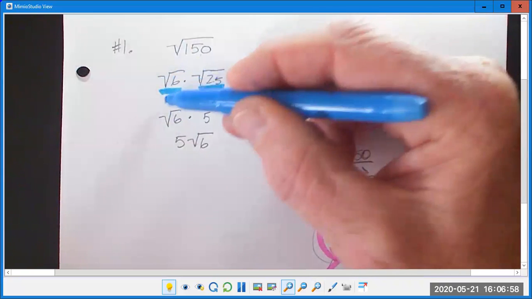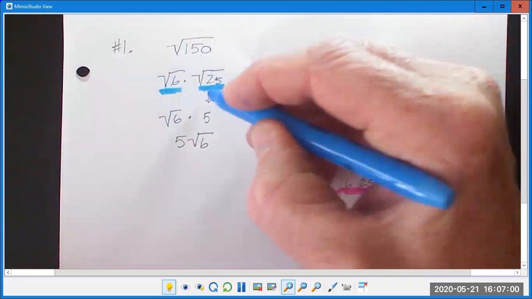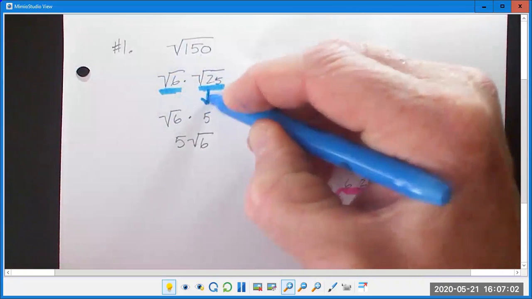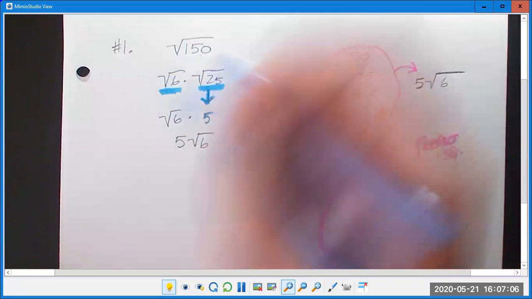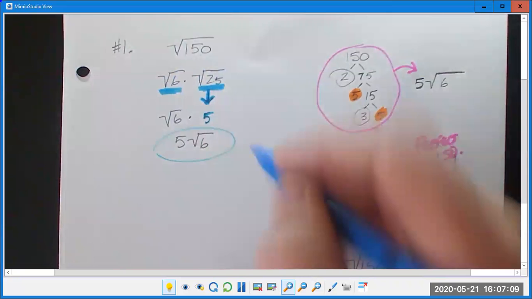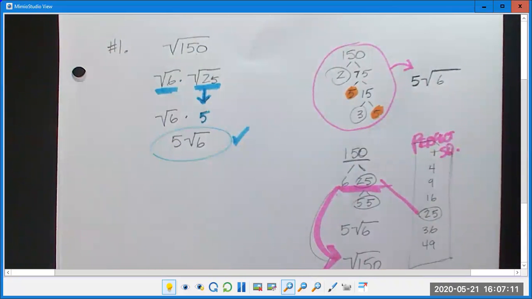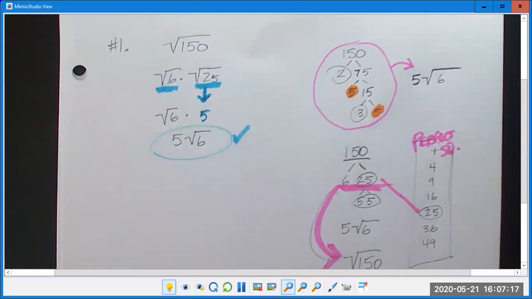The factors are 2 and 3, that's not going to help me. But I see that radical 25, we know the square root of 25 is 5. So that kind of helps us to expedite that process. All right, hopefully that makes a little bit of sense.